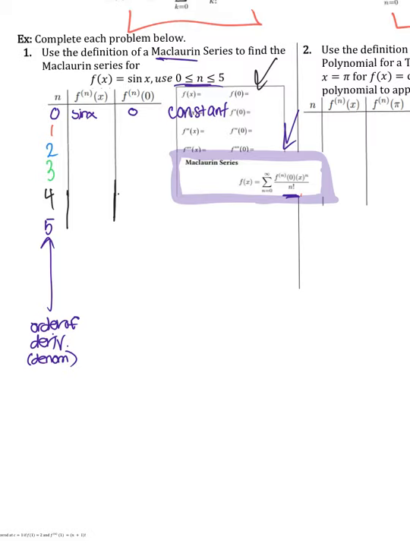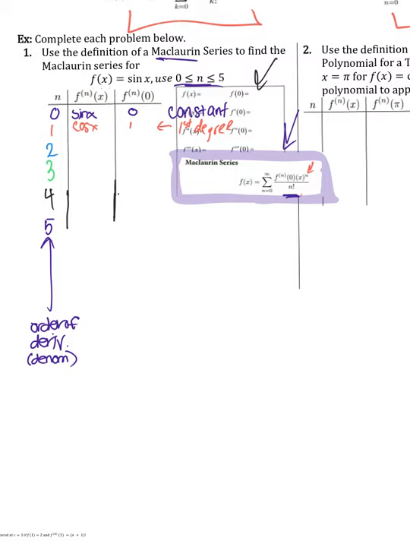So now if we go down to our next line, which I'm going to do in red, when n equals 1, we are taking the first derivative of our function. Well, the derivative of sine of x is cosine of x. And if I plug 0 into cosine of x, I get positive 1. So this is going to be my first degree term, because n, again, is telling us our degree and the order of our derivative.